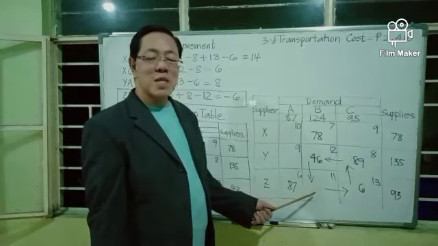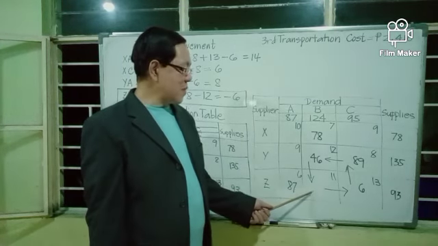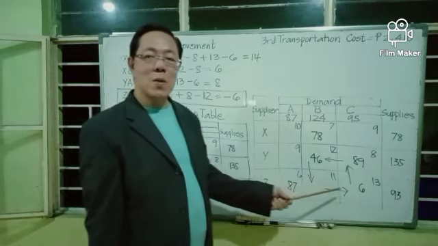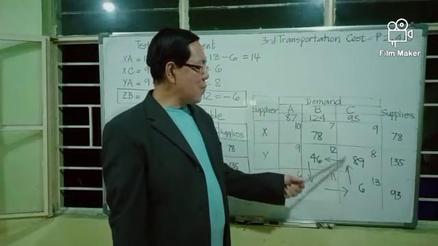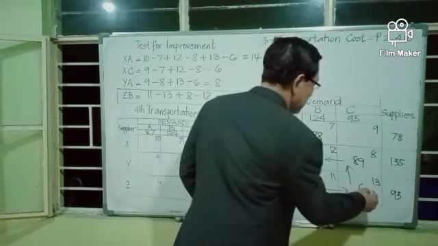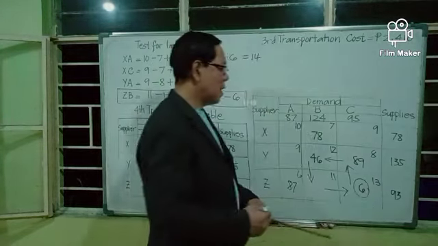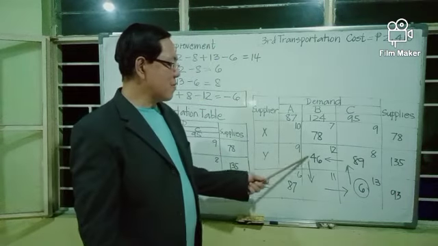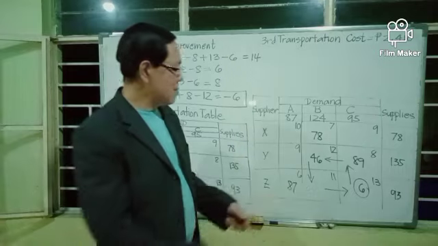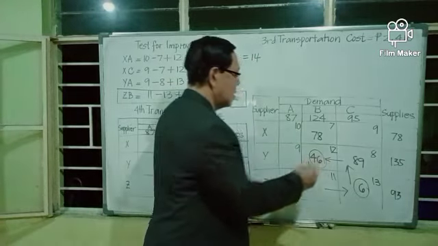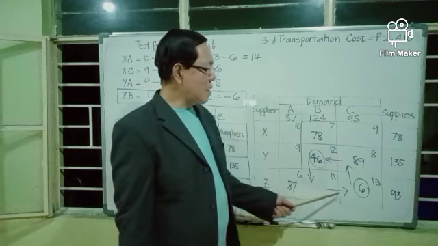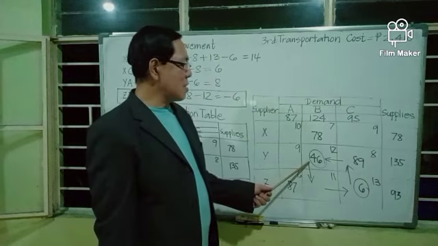And to determine the number of units to be transferred to this vacant cell CB, we consider the vertical directions in the closed path. Vertically upward, we started from 6. And vertically downward, we started from 46. Hence, the number of units to be transferred to the vacant cell CB is between 6 and 46.